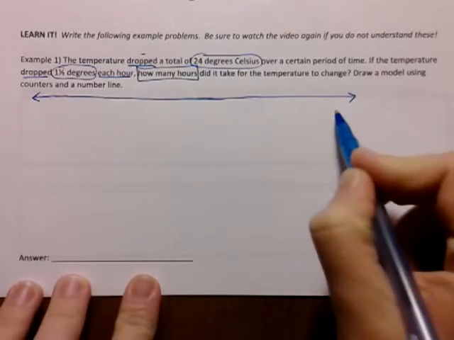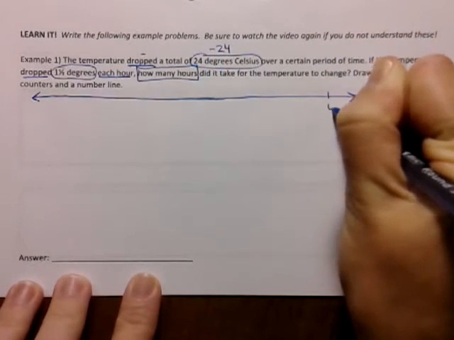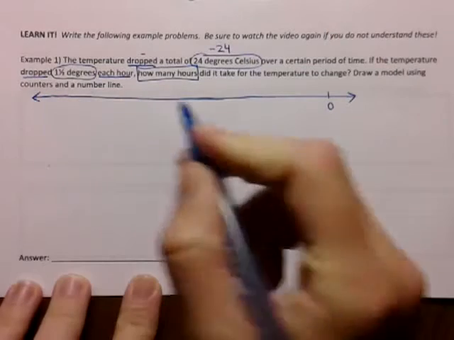Next, I'm going to use my number line. I know that I need to get down to negative 24 degrees. So if I start here at 0, I need to get down to negative 24 down here.